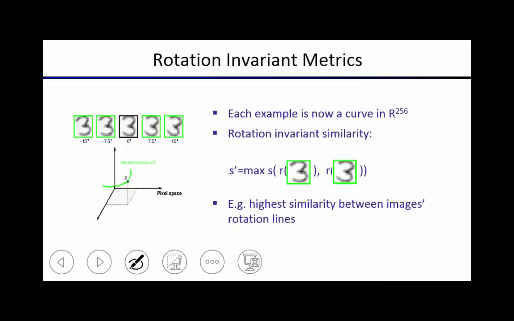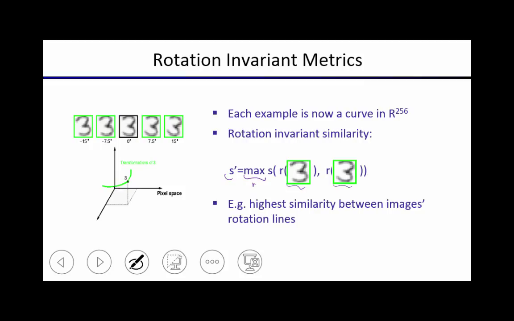So one thing you can do is you can redefine your similarity measure as S prime here, which is the max over all similarities of, and you maximize here over all possible rotated versions that you could pick. Effectively, you have some example, another example.